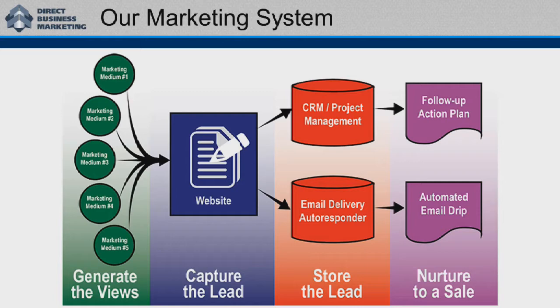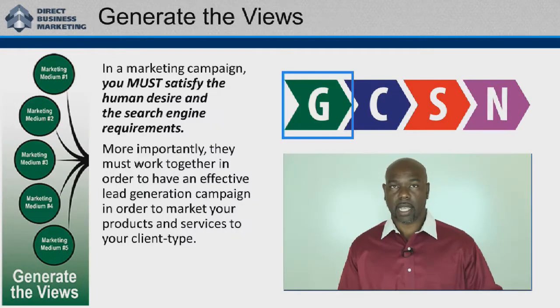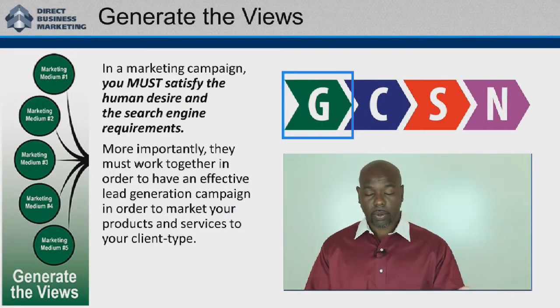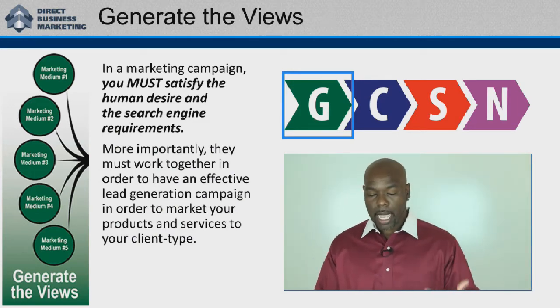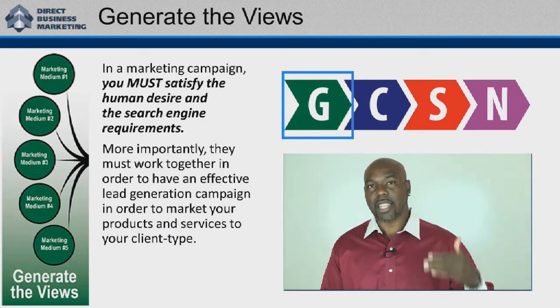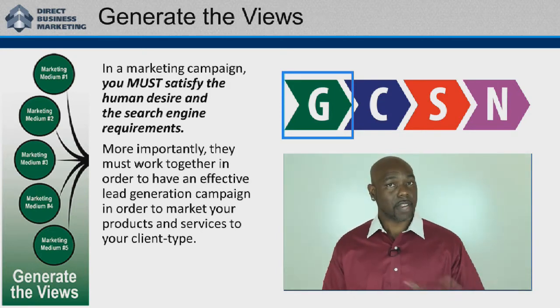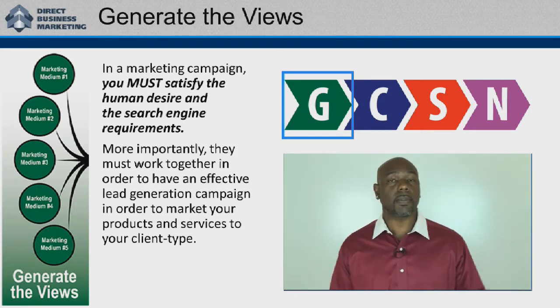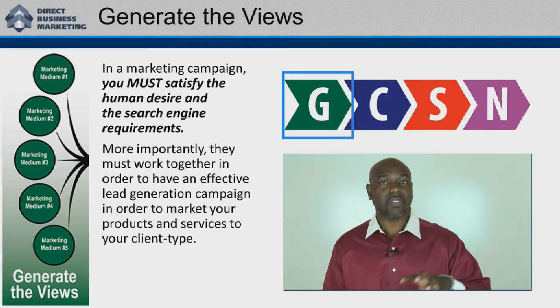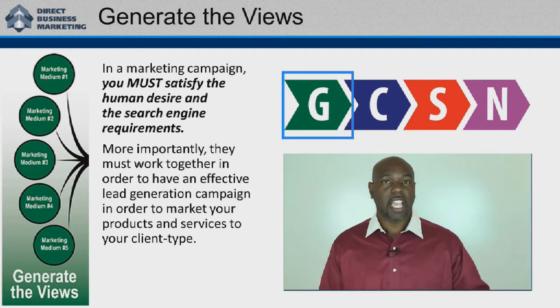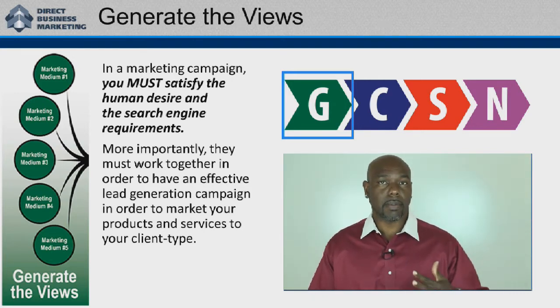So now, let's talk about generating views for a second, because we are going to go through the system. I want to read this. In a marketing campaign, you must satisfy the human desire and the search engine requirements. You've got to do both. So when you're making your marketing materials, you have to satisfy both. And that's why you have that marketing media mix.